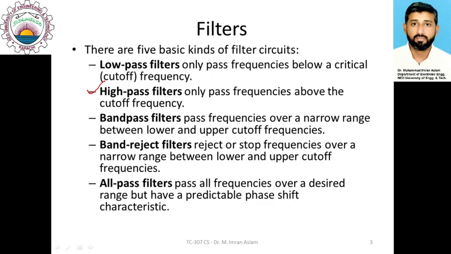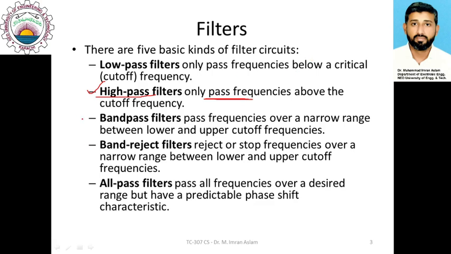The second category is the high pass filter. As the name says, it passes the high frequencies. So it will pass only the frequencies which are above the cutoff frequency. All the frequencies which are higher than the cutoff frequency will pass through this type of filter, and all the frequencies which are below this cutoff frequency will be stopped by the filter.